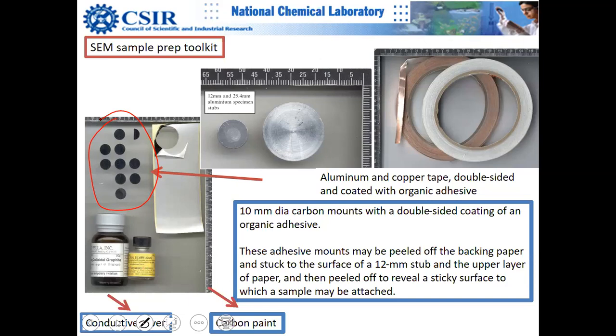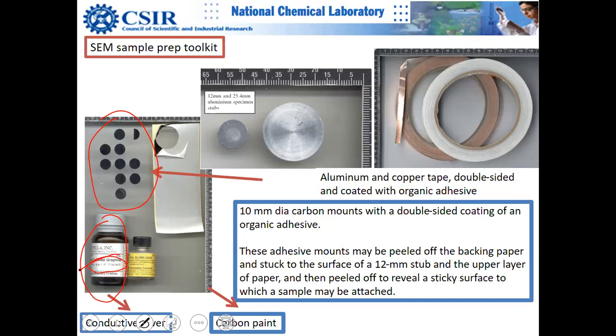Normally I don't spend a lot of time on these images. You can see that this is by the Ted Pella company, a very famous American company. This is colloidal graphite, a conductive ink made of graphite particles, and this is colloidal silver. They charge a lot of money, so you can make it in the lab.